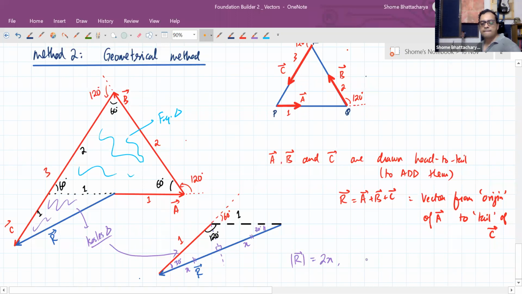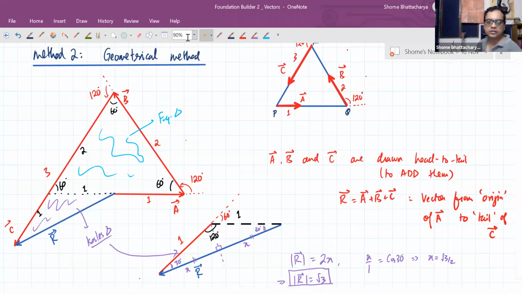So x divided by 1, as this side is 1, is equal to cos 30 degrees. So x is root 3 by 2. So magnitude of R is becoming root 3. Okay. This is one thing we needed to calculate, and that we can do from this.